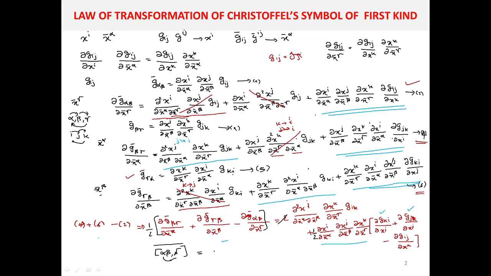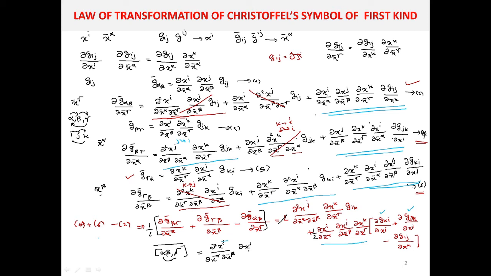And the second term can be written as ∂²xi divided by ∂x̄α ∂x̄β, and here it is ∂xk/∂x̄γ. I can replace the k with j because we are not using j anywhere here, so I am just writing j instead of k.